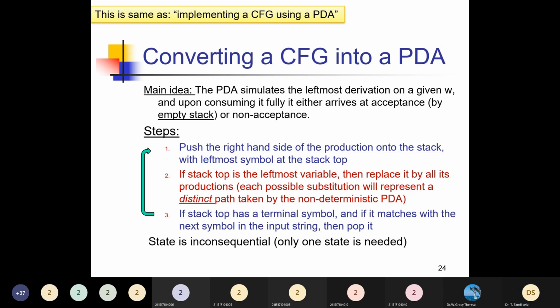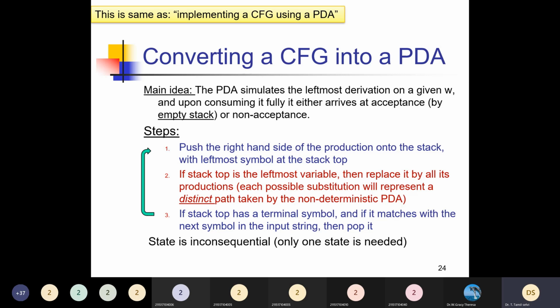And then coming to the next one, if the stack top is a terminal symbol. If on top of the stack we have a non-terminal, then instead of that non-terminal we can push its equivalent right hand side. Now if we have a terminal symbol on top of the stack, what do we do? If it matches the current input symbol, we can pop it out from the stack. That is the operation. First step, if it is a non-terminal, we have to replace it by its production.